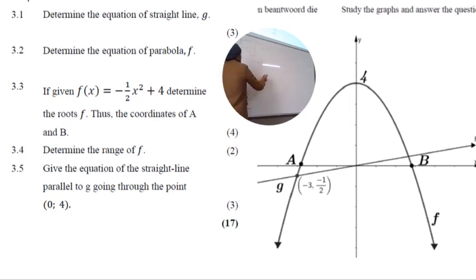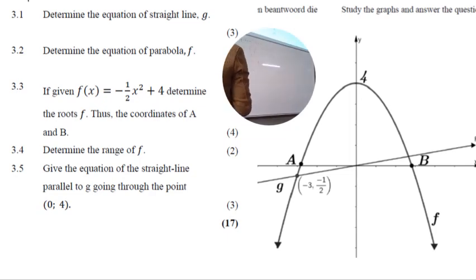Now I have my m value, I have my c value, so therefore I can just write down my equation, which means y is equals to 1 over 6 x plus 0. But because it's plus 0, we're not going to indicate that. Everyone clear with that question? All right, let's go on now to the next question.